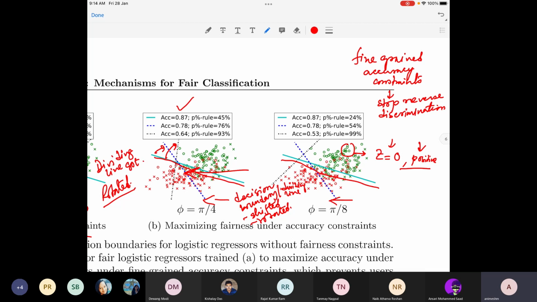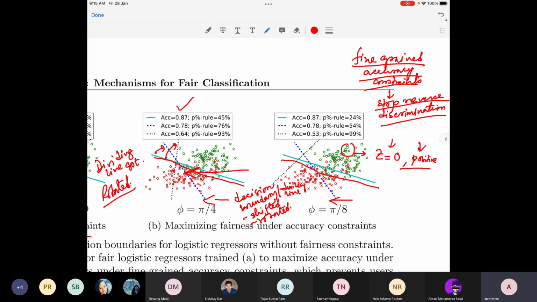Okay, so that was the reason why we imposed this fine-grained accuracy constraint, so that we could impose the constraint on individual data points rather than on the entire set of data together, so that this reduces the effect of reverse discrimination and does not push many of the unprotected class guys who are actually positive and also predicted positive to the negative class.